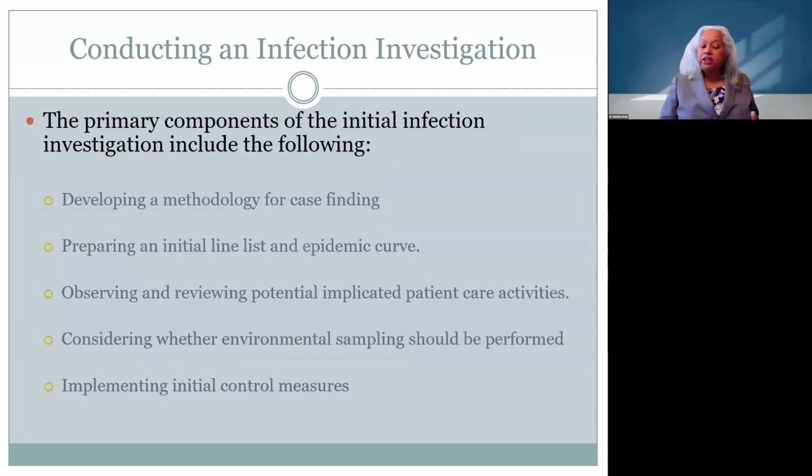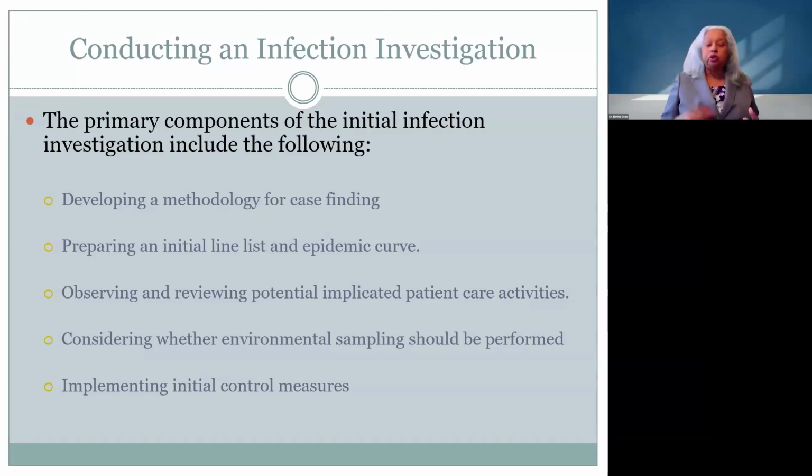You also want to develop a methodology for case finding. How are you identifying those infective processes? Are you doing active surveillance, where you go to all surgeons who operated on those days, or all cases? How are you finding out whether or not a patient had an infection?